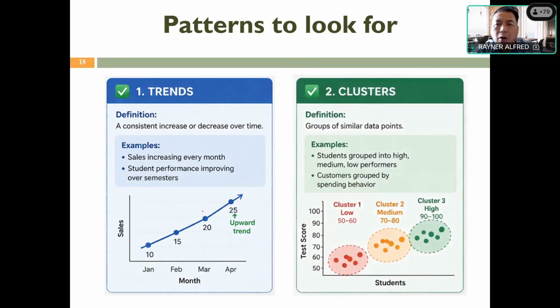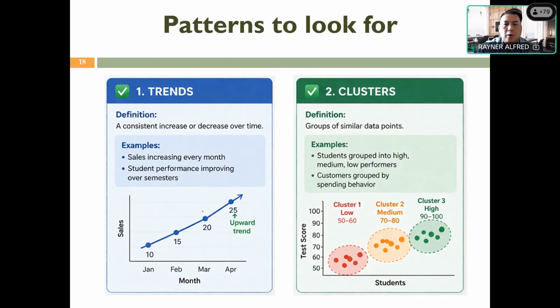We can look also at the clusters or grouping of data that we have. So in this case, we can assume that we have 3 clusters here. So depending on the data that you have, you could have 5, 6, and so on.